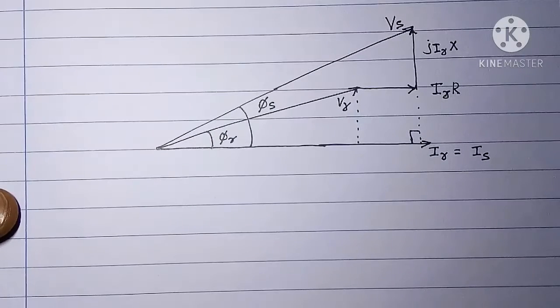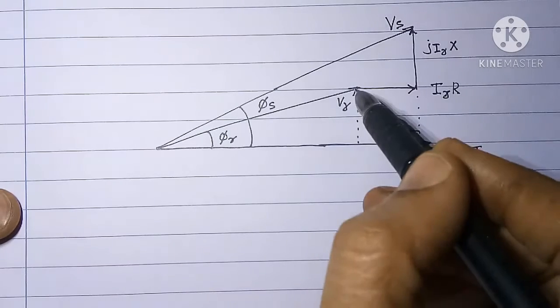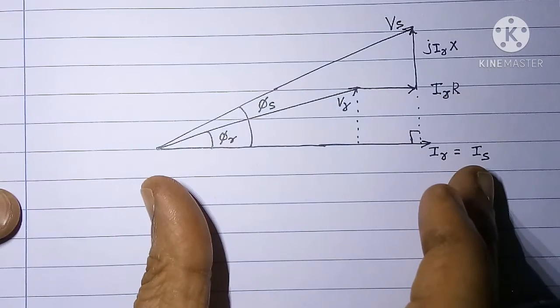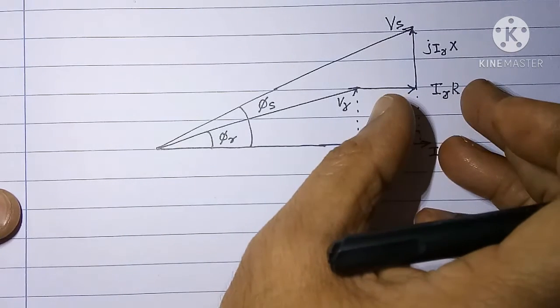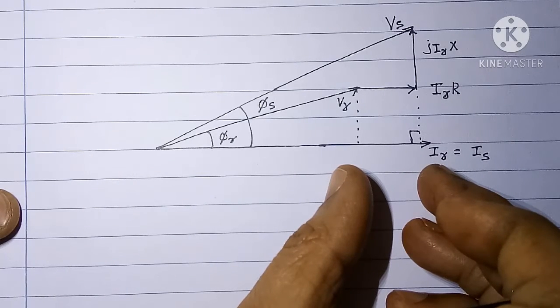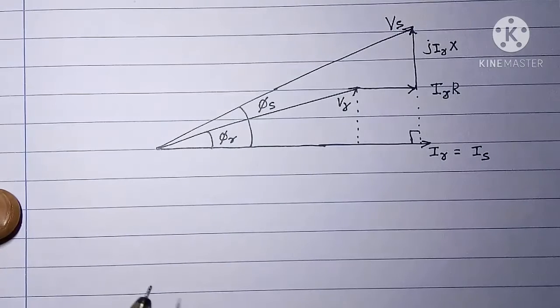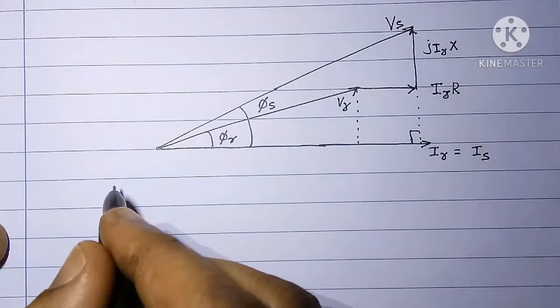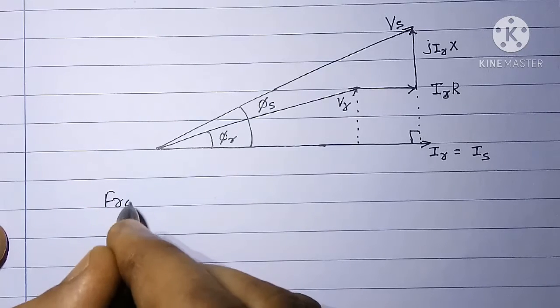Now using trigonometry, we have to write an expression for the projection of VR on IR and the projection of IR into R on IR. So now write here from phasor diagram.